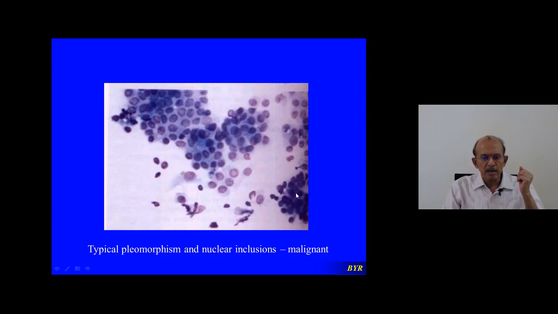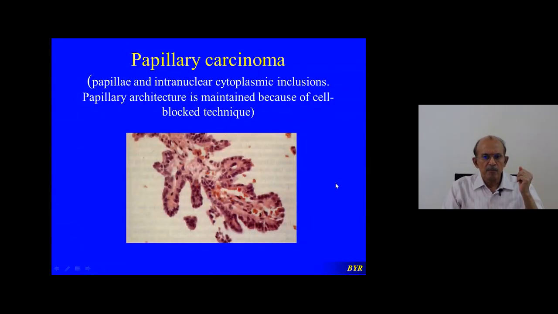These are all pleomorphic cells, that means malignant cells. This is a case of anaplastic carcinoma. Now you can see papillary projections like this. Cells arranged in papillary projections indicate papillary carcinoma.